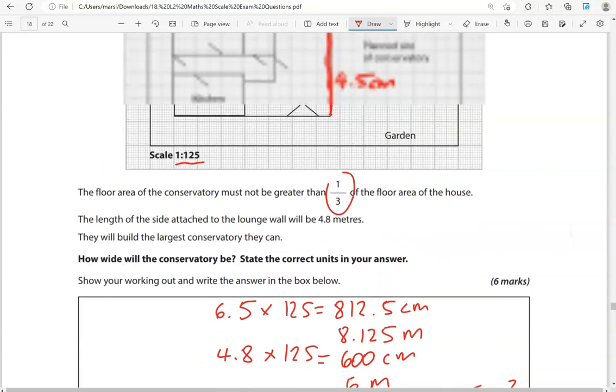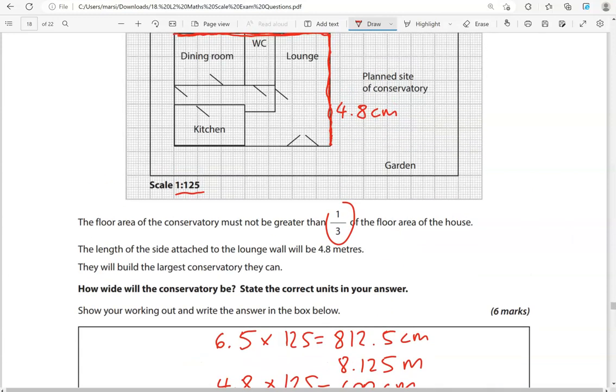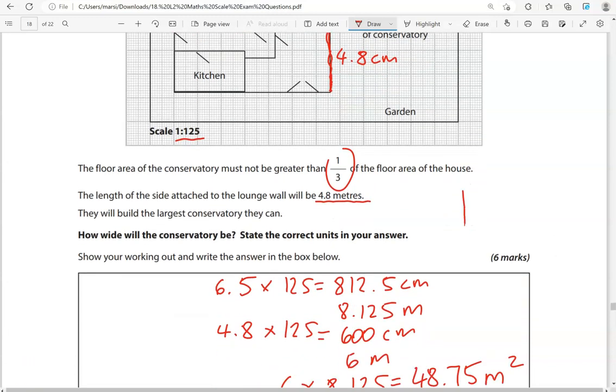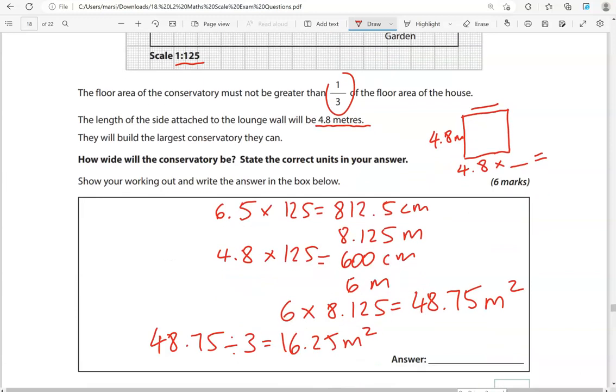And if we know that the length will be 4.8 meters, what will the width be? So length 4.8 meters, width we don't know, but we know that 4.8 times this number will equal 16.25, which is the area.